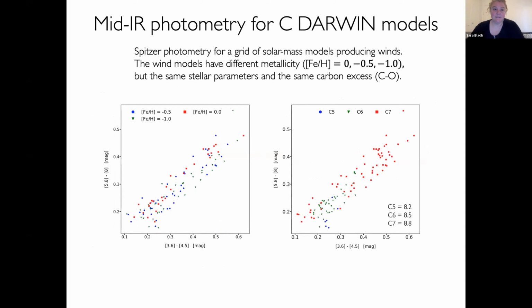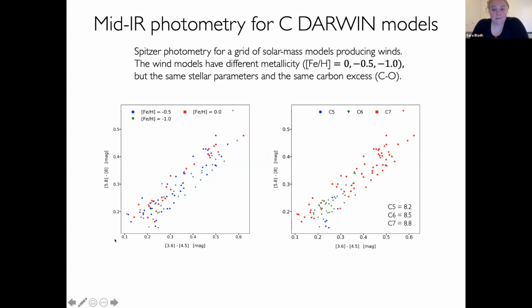And then lastly, we also produce mid-infrared photometry for this grid. So this is Spitzer photometry for the solar mass grid that I showed you in the previous plot. They all have wind. The metallicity is sort of solar, and then it's supposed to mimic LMC and SMC.